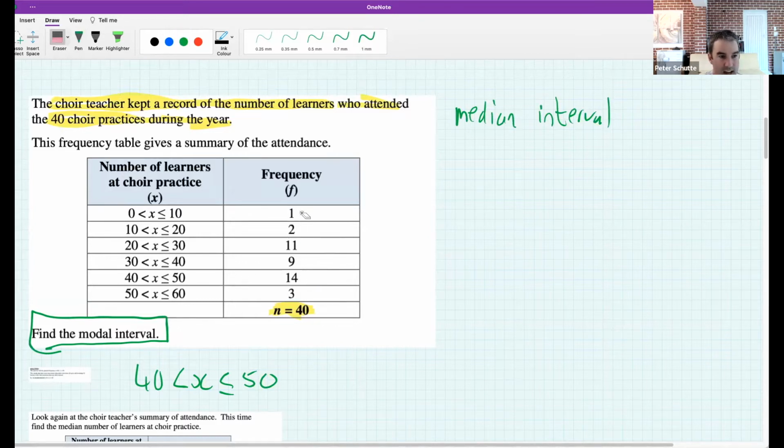And what I want to encourage you to do is think about if an extra column for cumulative frequency could be helpful. Or you don't have to have an extra column. You could just count how far into the data you are, but I want you to try and work out what is the median interval for this data set.